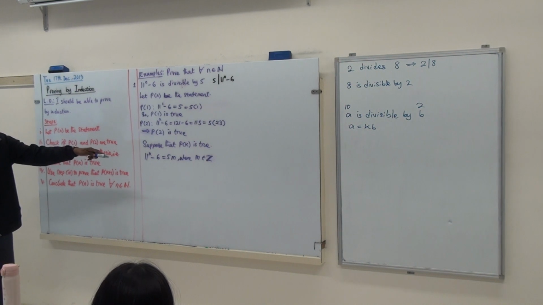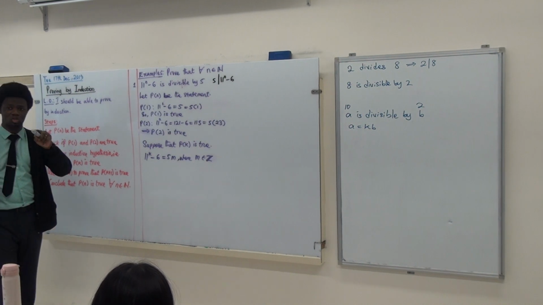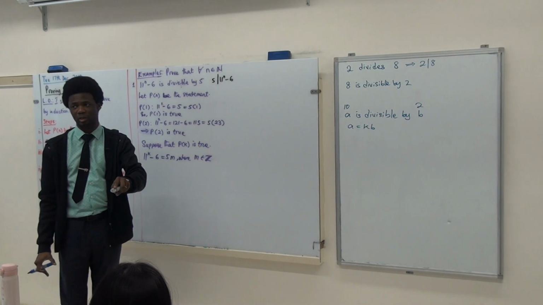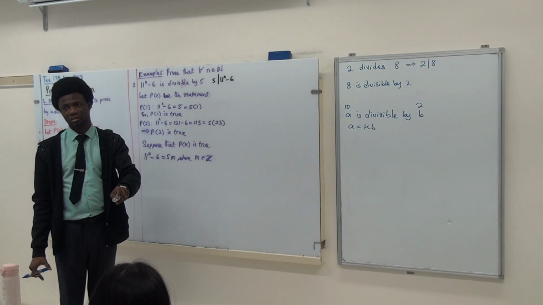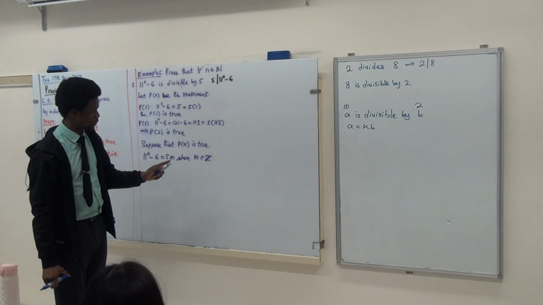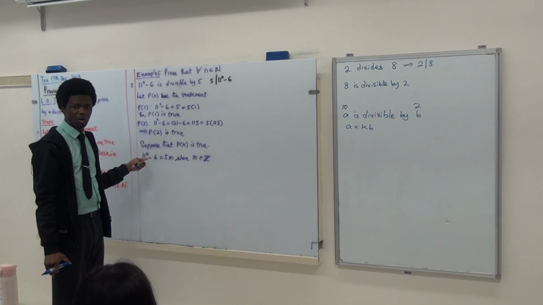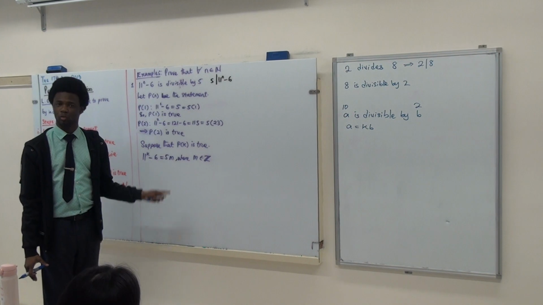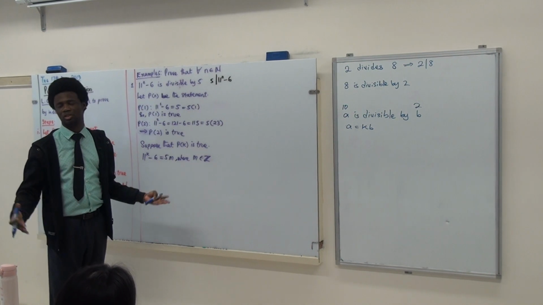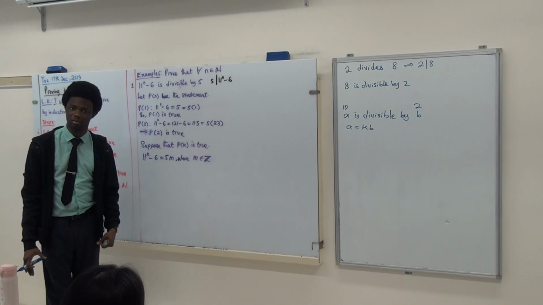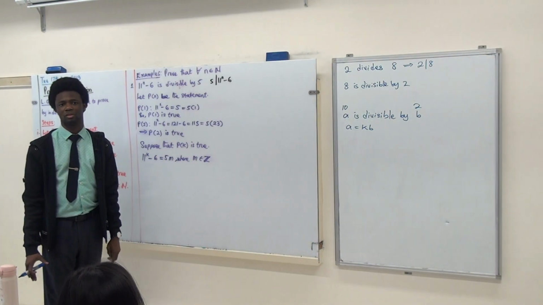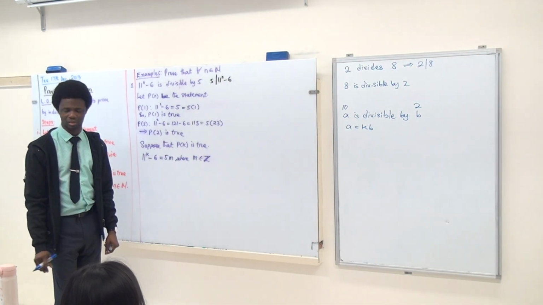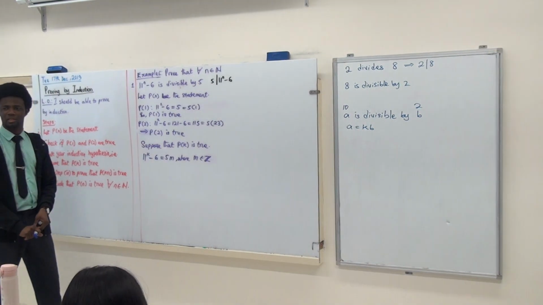There's a difference, because a natural number is restricted to positive integers only. When you do the power and subtraction, you could get a negative, and 5 can still divide it, even if it's a negative integer. Do you understand that? So this is our inductive hypothesis.